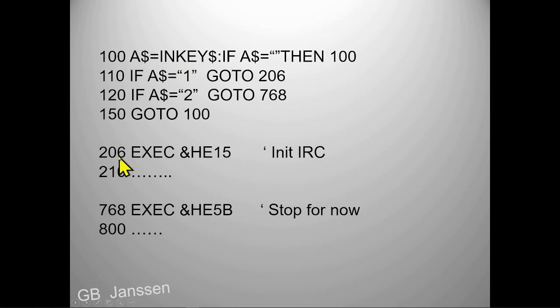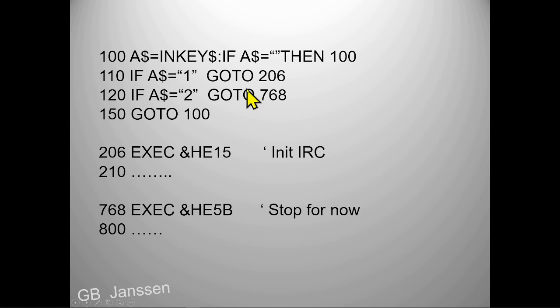So if we do get a 1, we're going to execute this init, the interrupt, at hex E15. And we'll do some more stuff and then come back. Again, if we get a 2, we'll go down here and execute at hex E5B, and that's where the stop routine is. I just grabbed something and typed it in here, so that stuff is not important.